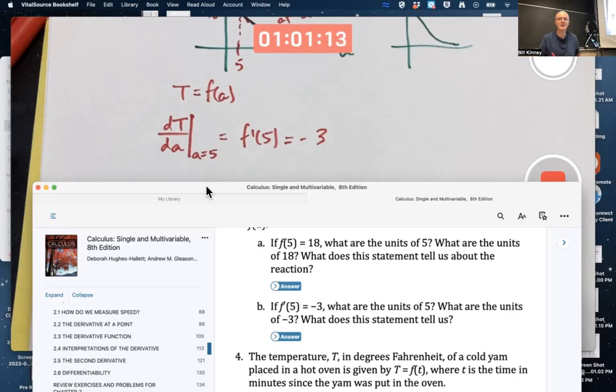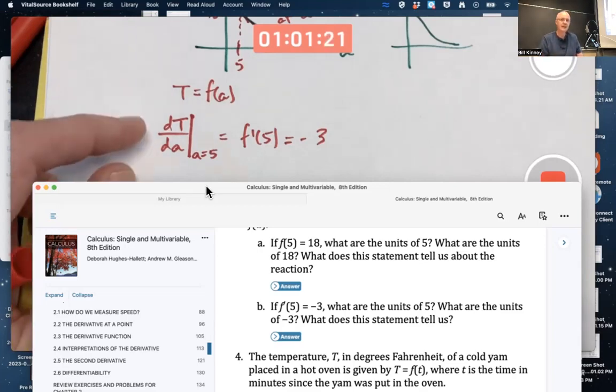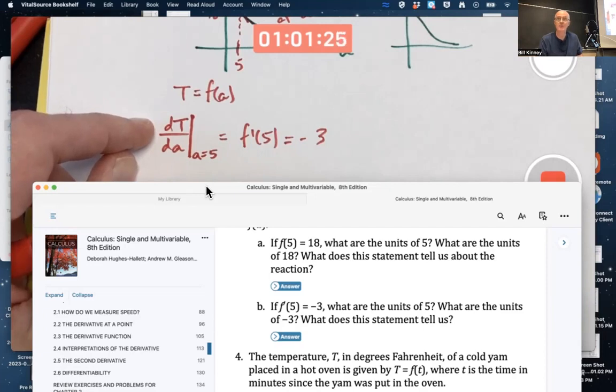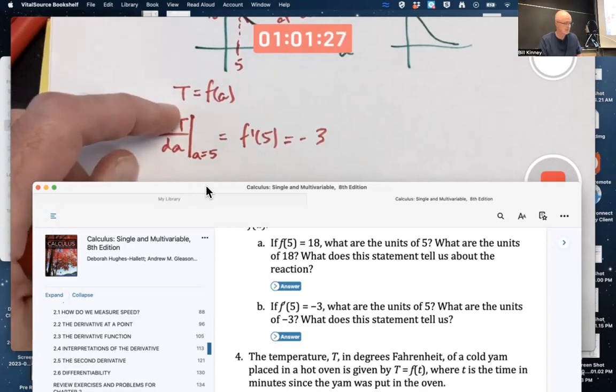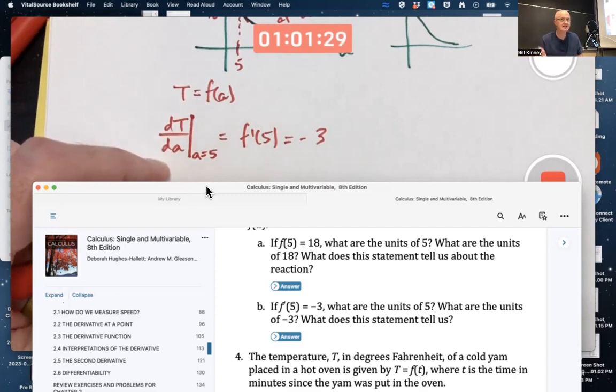Using the Leibniz notation here is really helpful for the following reason. It reminds you what the units for the derivative are. If you pretend this is a fraction, it's the units for the corresponding fraction, which would be units of T per unit of a. The d doesn't affect the units. Units of T are minutes.